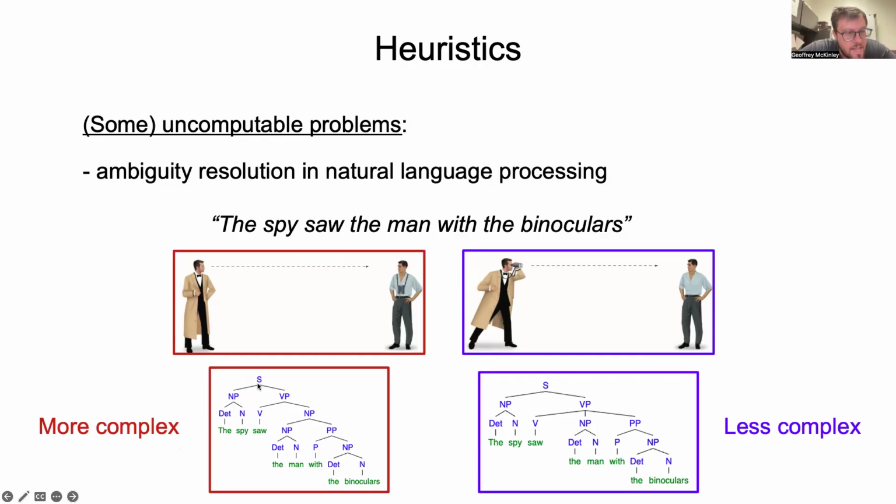So S is one, noun phrase is two, verb phrase is three. So one, two, three, four, five, six, 7, 8, 9, 10, 11, 12, 13, 14, 15. Right? So there's 15 grammatical objects in the left interpretation of the sentence.